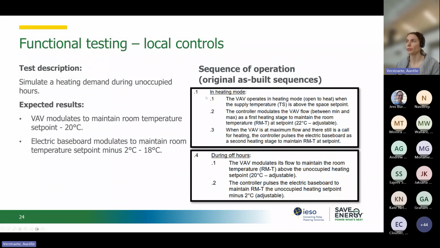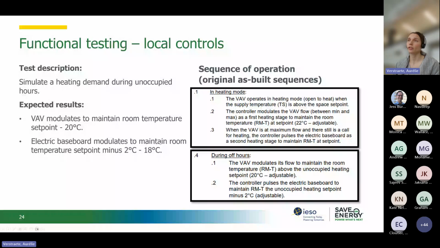The expected result could be that the VAV modulates to maintain room temperature, in that case 20 degrees, and the electric baseboard will modulate to maintain the room temperature set point minus 2 degrees, so 18 degrees in that case. For this example, maybe the VAV would be prioritized because the heating is from geothermal systems, for example.